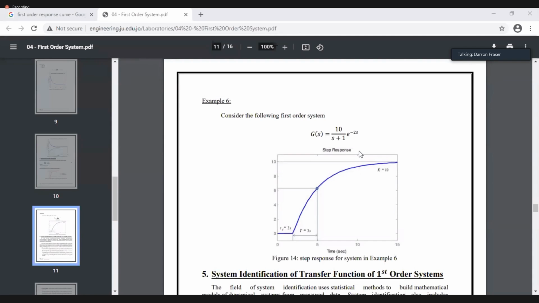All right. So we have a system, and we can determine KP, KI, and KD.